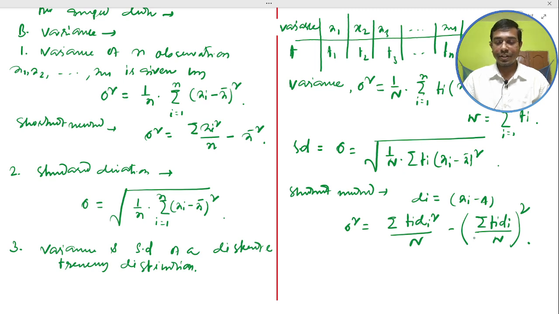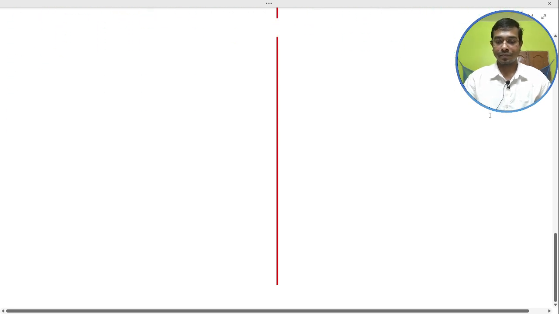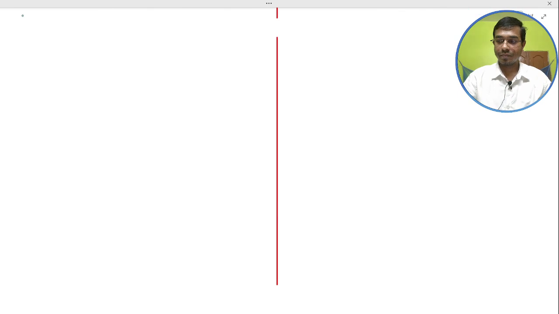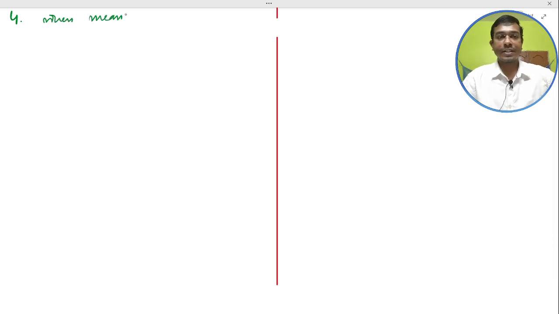Next, number 4: when the mean is a decimal fraction.